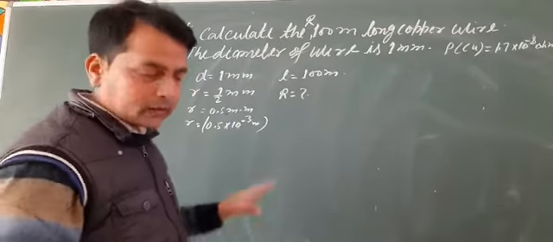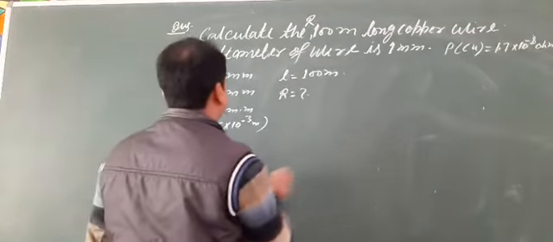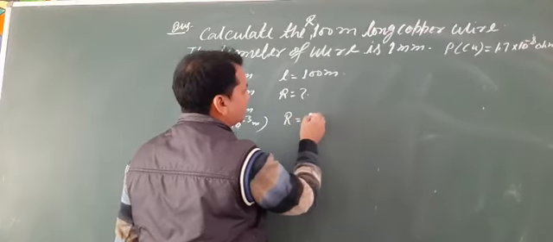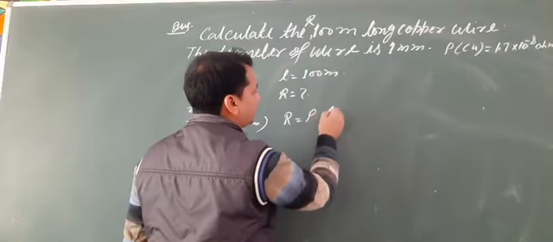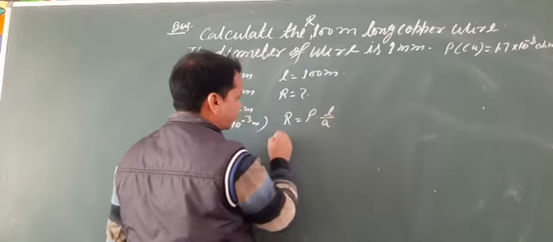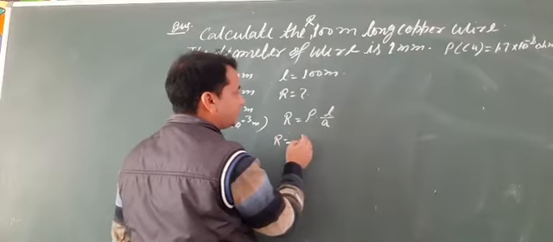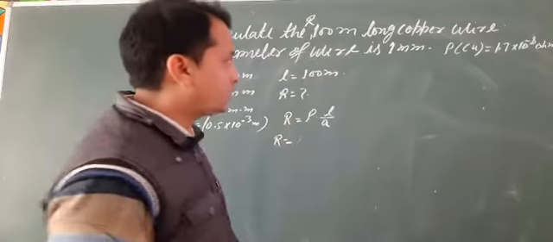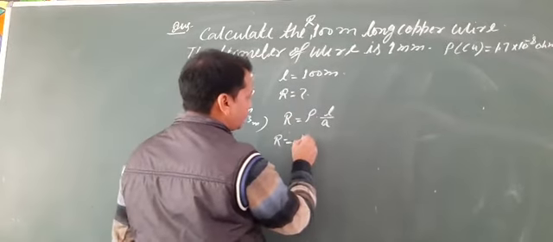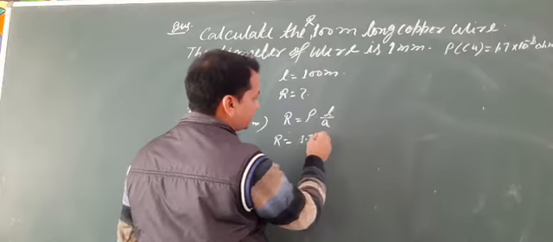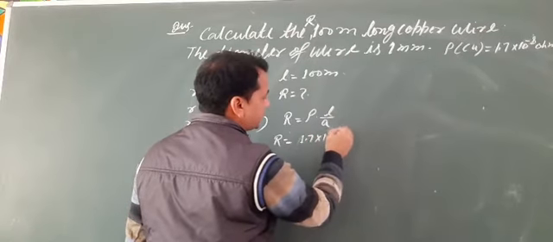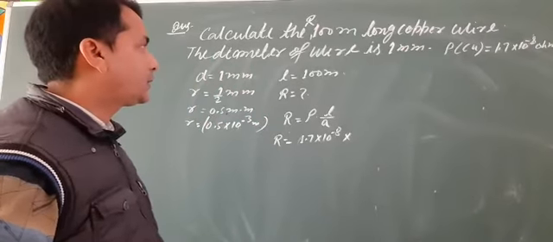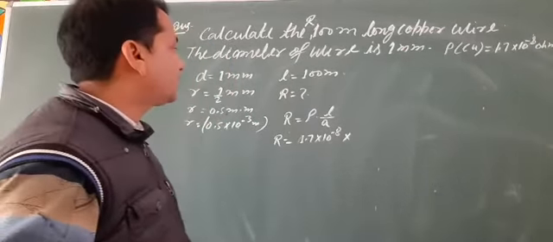So we know that R equal to rho into L by A. So R equal to rho into L by A, and the value of resistivity is given here as 1.7 into 10 to power minus 8, and the length of the wire is given here as 100 meter.